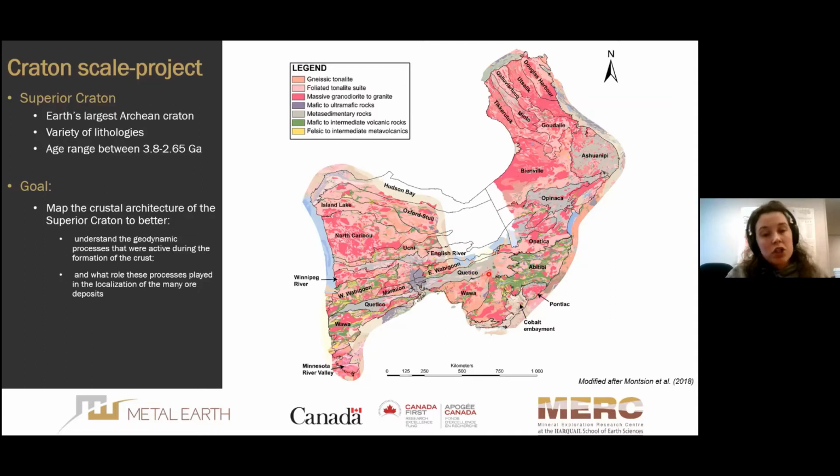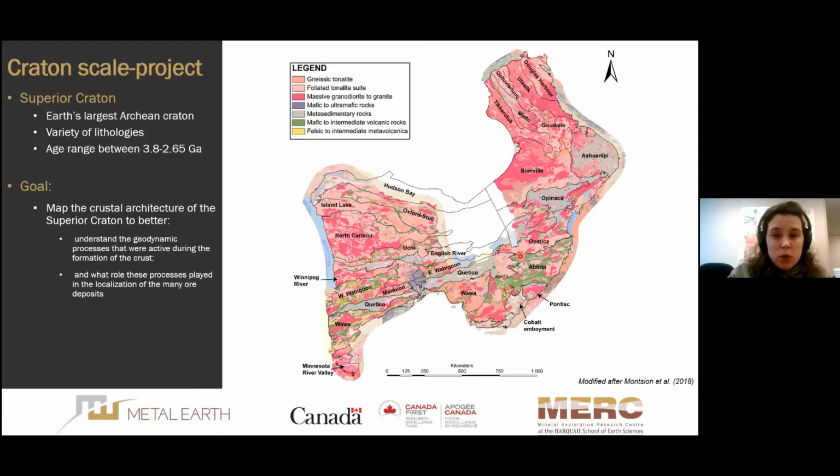I will not repeat Phil, but the overall goal for the Craton Scale project is to map out the crustal architecture of the Superior Craton, to get a better understanding of the geodynamic processes that were active during the formation of this crust.